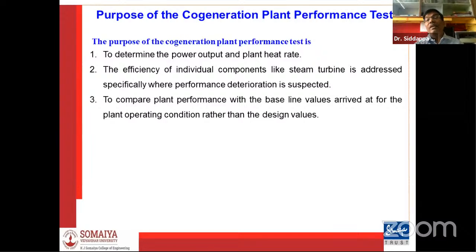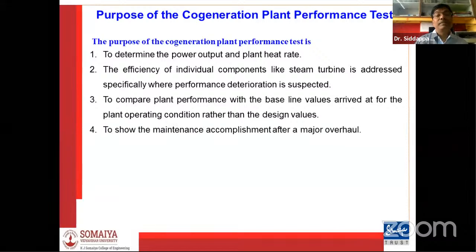And if you are going to operate at rated baseline values, then it is always better to check the baseline value and whether it is fulfilling the baseline conditions or not. If not, then the purpose of a performance test is necessary.